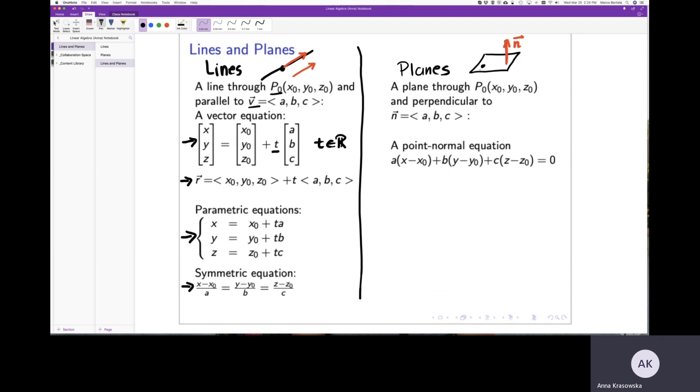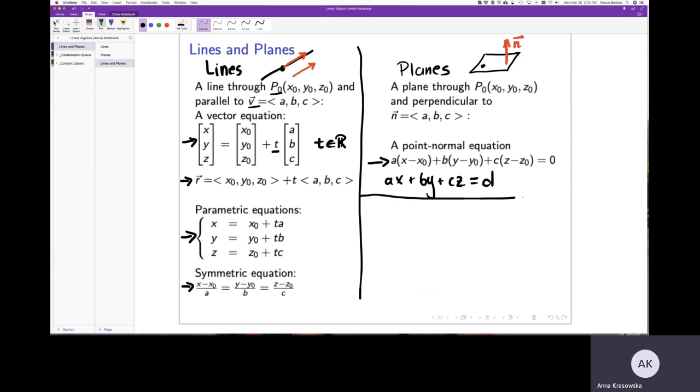For a plane, as I said, we have a point and a perpendicular vector, and then we write them into a point normal equation. If we remove parentheses, we'll have ax plus by plus cz, and all the constants we collect on the other side. I put d. This is called a general equation.